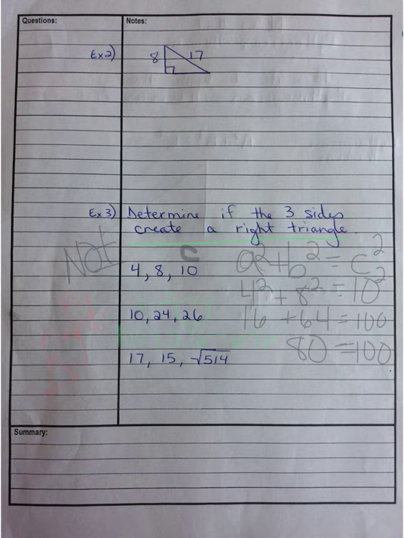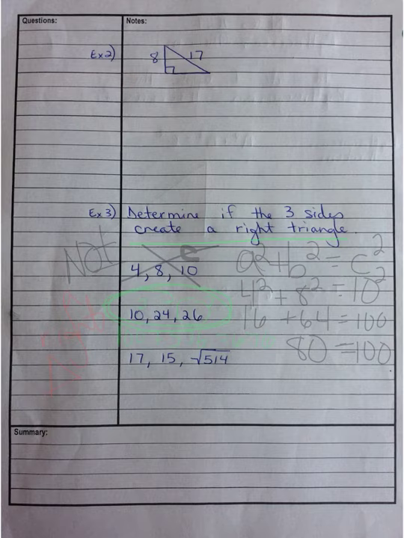So my question to you here is, does 100 plus 576 equal 676? Yes. This will make a right triangle. The one I circled will make a right triangle. Our original one does not make a right triangle.